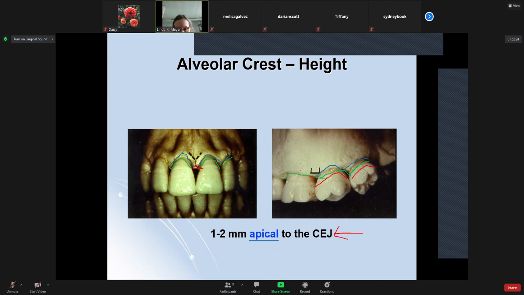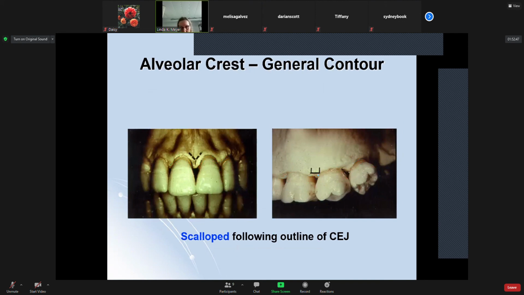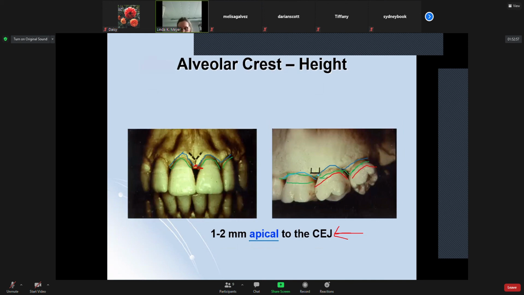So the bone height is going to follow that CEJ as well and have a scalloped outline. I said that for this slide so that you could see that the bone is scalloped more so on the anterior. Okay, so the general contour is it's scalloped, as shown with these pictures, more so on the anterior.